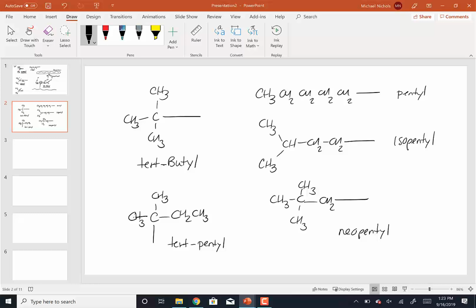Okay. So, let me ask, I'm missing one, or am I? Which one haven't I drawn? I got a tertiary, I don't have a sec pentyl.